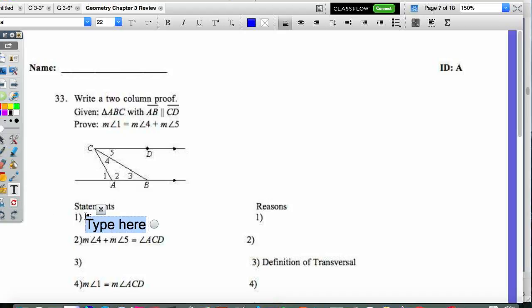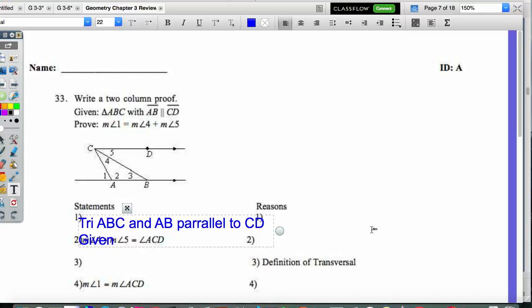I don't have my triangle symbol, so I'm just going to write triangle ABC and AB parallel to CD. Got it all basically to fit. And that reason is given. Extend that out a little bit.